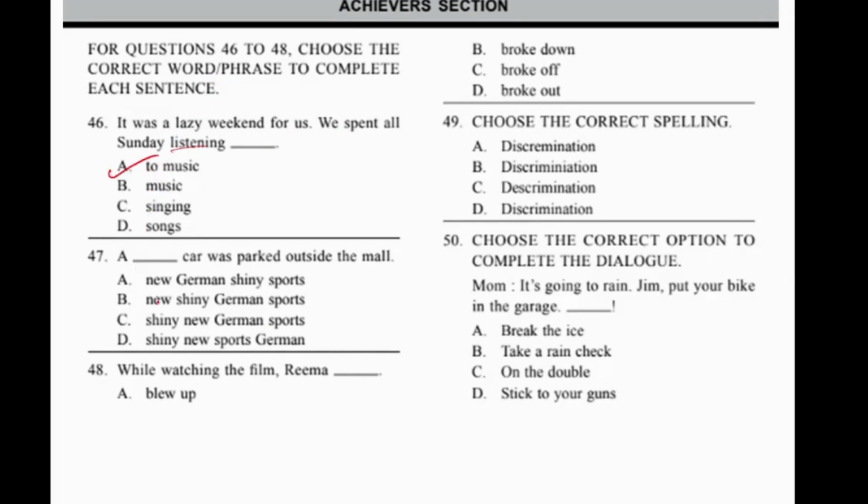Okay. Next, a dash car was parked outside the mall. So here we have to follow the priority order of the adjectives. The first number is given to opinion, second to size, third to shape, fourth to condition. Likewise, you have to follow the order.